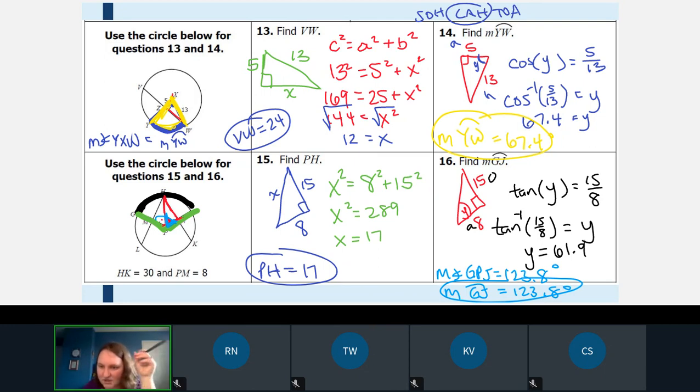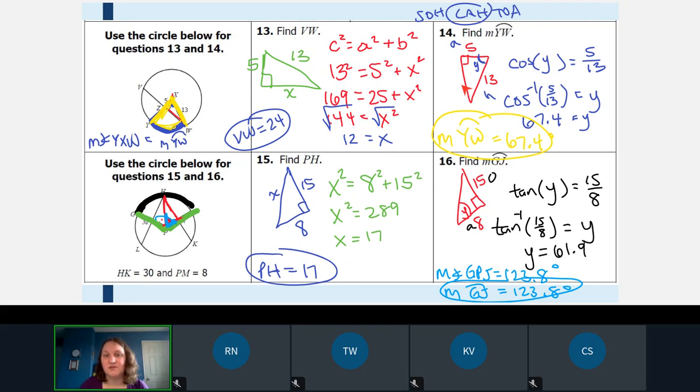I saw another question come through. How do you know when you should be using SOHCAHTOA? Okay, so you want to use SOHCAHTOA or trig when you have 2 sides and a missing angle, or you have an angle, a side, and a missing side. You can only use the Pythagorean theorem if all 3 sides are labeled. If one of those sides isn't labeled, like here, number 14, in number 14, we were missing this leg, so Pythagorean theorem wouldn't work there.